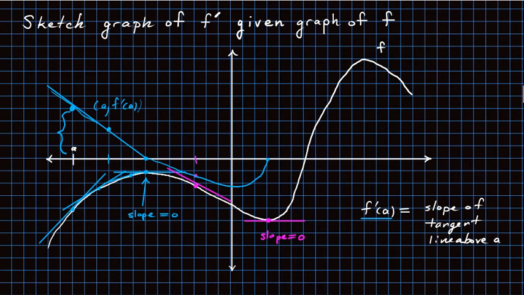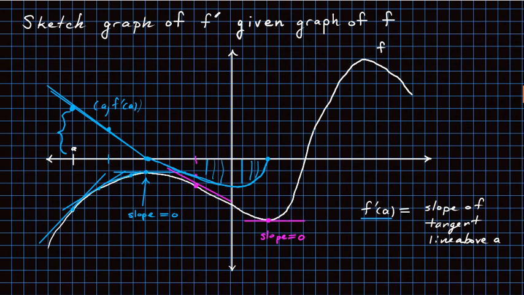The graph of f prime starts off positive because the slopes are positive. And then at this point, the slope is 0, so the value of f prime is 0. And then it goes across here, and the values are all negative, because the slopes are negative. At this point, the slope is equal to 0, so the value of f prime is 0.